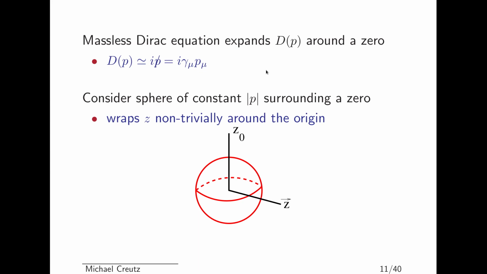The massless Dirac equation expands the Dirac operator around a zero, so we want D of p to be p slash at some point, like gamma_mu p_mu. So let's consider a sphere of constant magnitude of p surrounding one of these zeros. The quaternions on the surface of this sphere will wrap non-trivially around the origin.